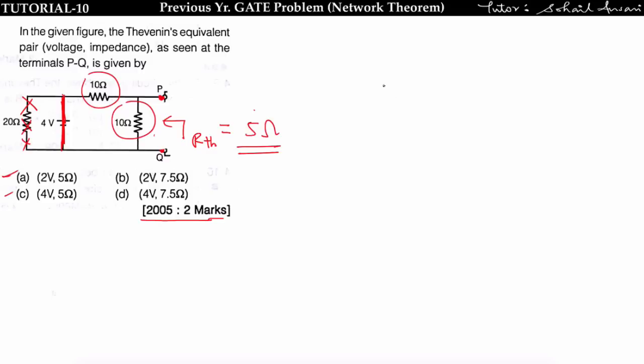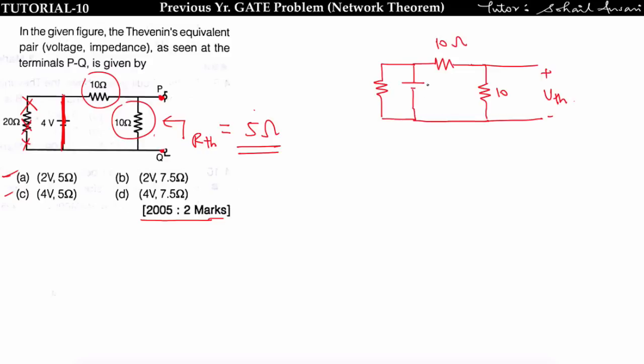Now find VTH. How will you find VTH? Connect this 4 volt source here. Since 4 volt is here, it will divide equally across this 10 ohm resistor and this 10 ohm resistor. Why? Because these two are connected in series and the values of resistance are the same, so this 4 volt will divide equally.